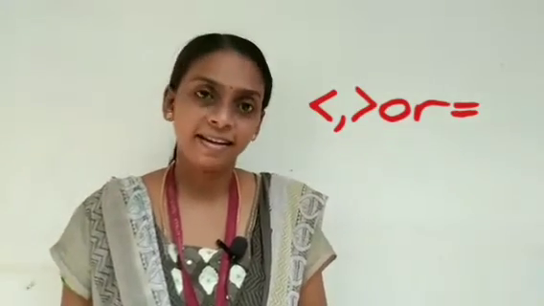Every 2-digit number is bigger than a 1-digit number. And we already studied how to compare a 2-digit number and a 3-digit number. To understand comparing numbers, I will show you a video. Let us watch the video.